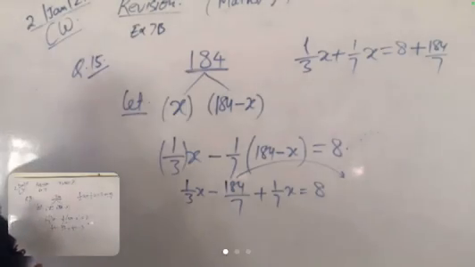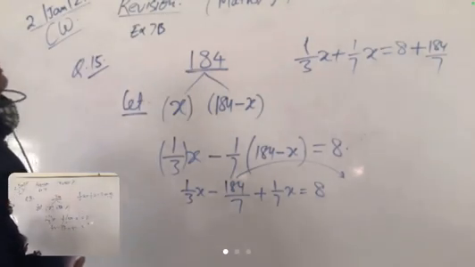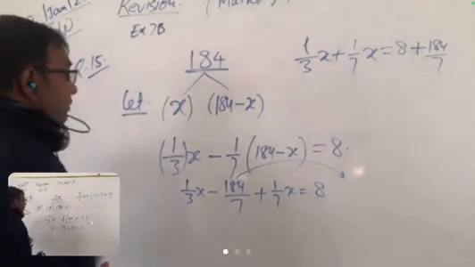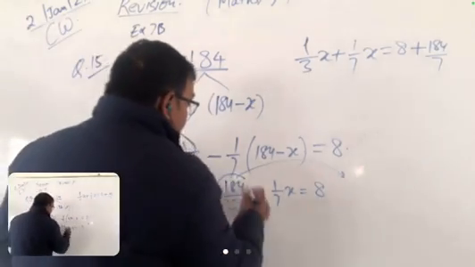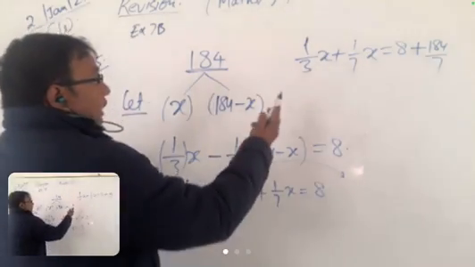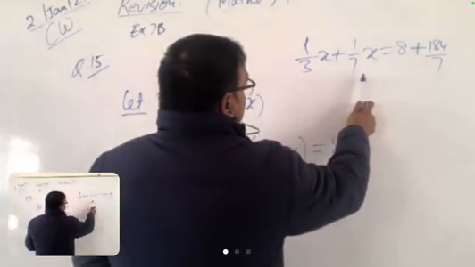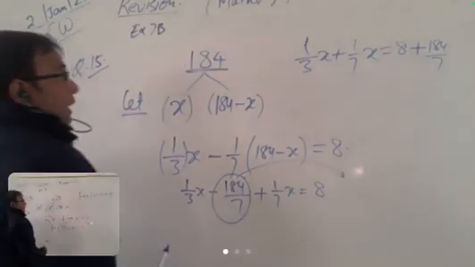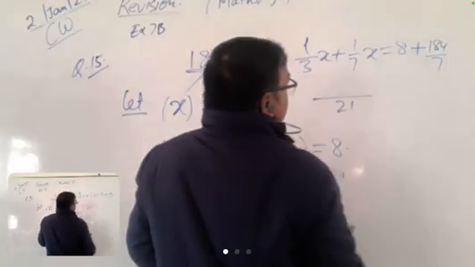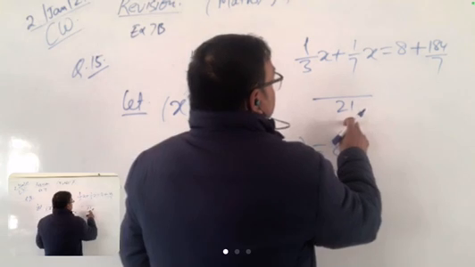Yes or no? See, if we transfer this minus 184/7 to the RHS, the leftover is 1/3x plus 1/7x is equal to 8 plus 184/7. Now the LCM is 21.